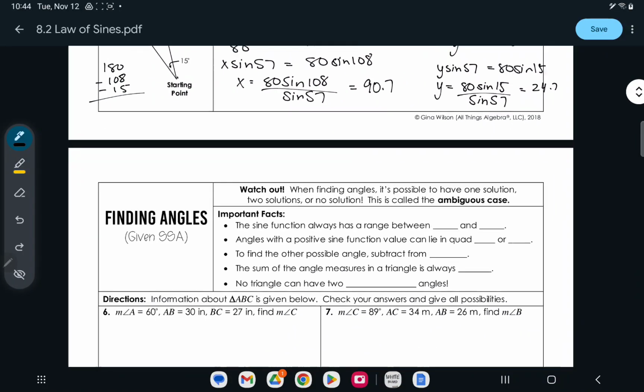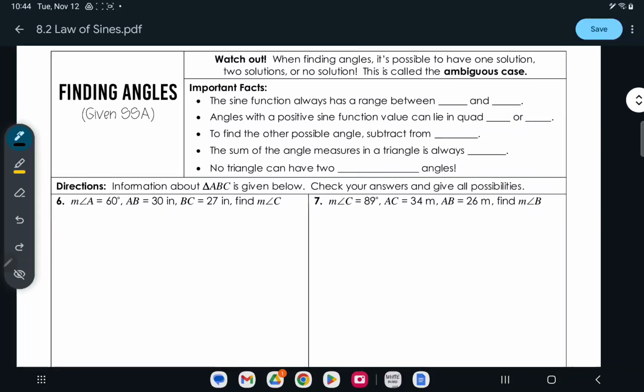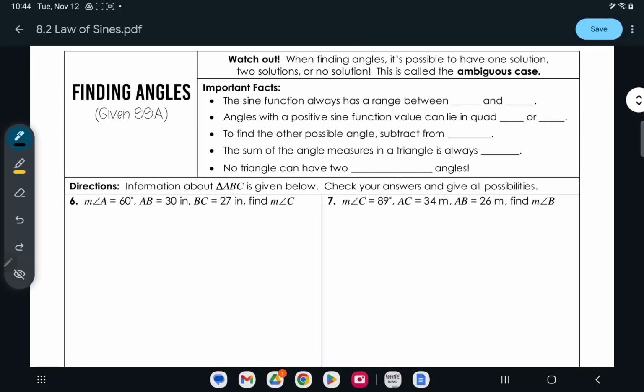We can find angles, and we possibly could have more than one solution. We could have none, or we could have one solution. So we just have to watch out. The sine function is always going to range between -1 and 1.